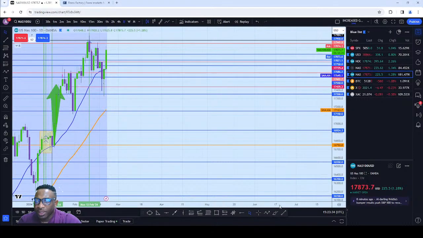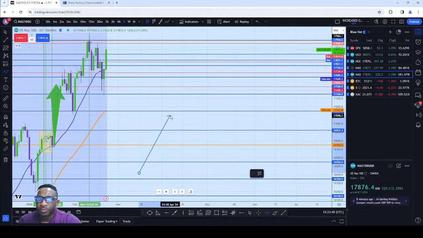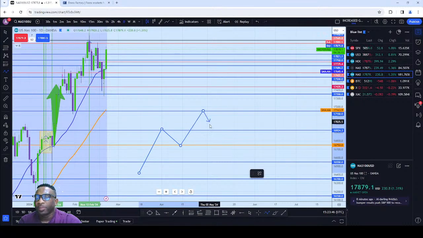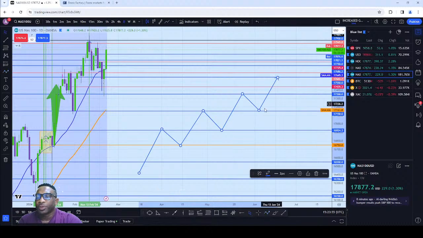Okay, so what I just want to show you is this price moving up, pulling back, moving up, pulling back, moving up, pulling back, moving up. When there is an uptrend, this is how price moves.